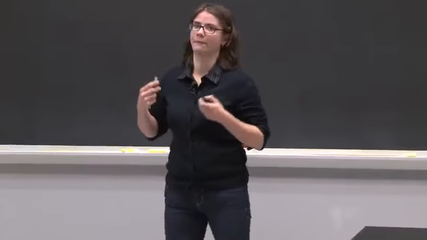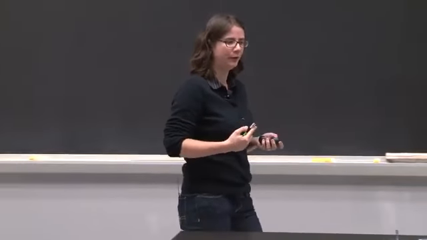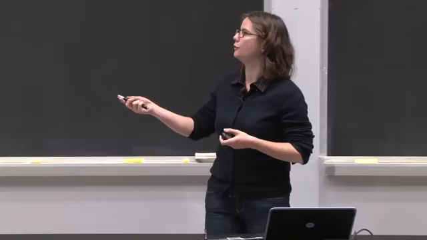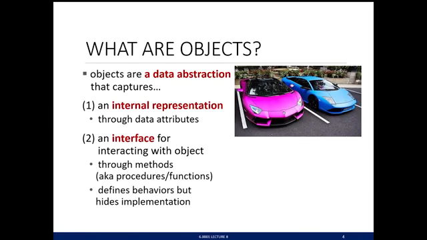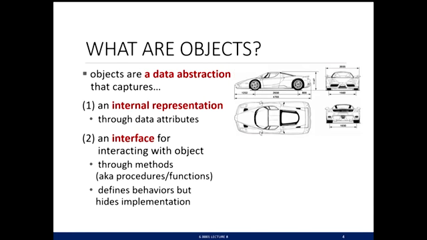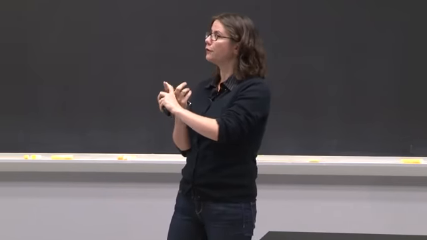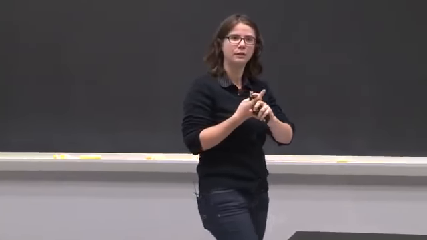So let's continue exploring what objects are. Let's say I have these two separate objects. One is a blue car, one is a pink car. So objects are really data abstractions. These two cars can be created by the same blueprint. Okay? This is a blueprint for a car. And if an object is a data abstraction, there are two things that this abstraction is going to capture. The first is some sort of representation.